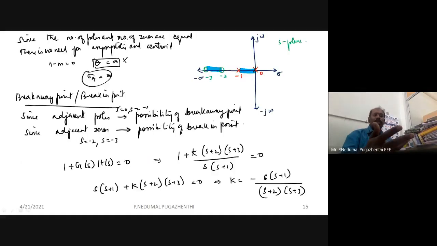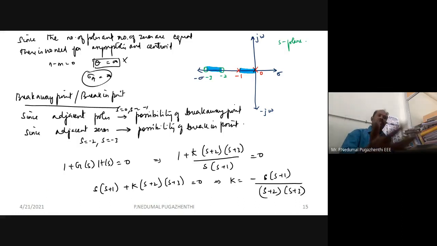Locate those points, find the test points. Based on the test points, you can see where your root locus branches will be available on your real axis. You are testing it, as you can see in the second diagram. Then you try to find the breakaway and break-in points, because you have an adjacent pole and an adjacent zero, so there is a possibility of a breakaway and break-in.